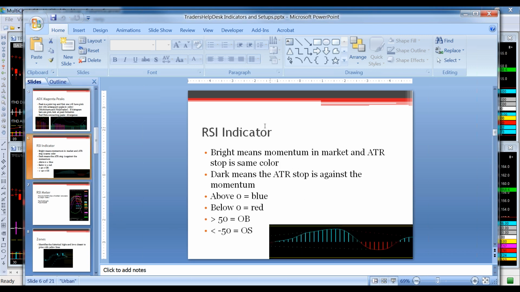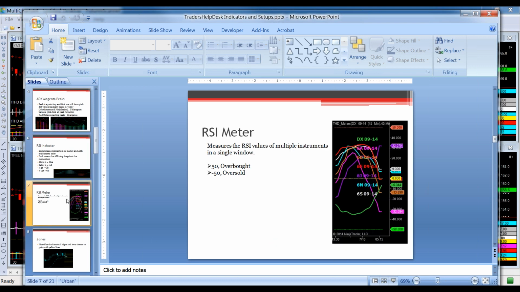Then I go through the RSI indicator and explain the colors to you. This is one that you never see on my charts because I use this one, as y'all saw this morning. I would be watching the British pound and the dollar just based off of the meter alone, and that's how I use the RSI.